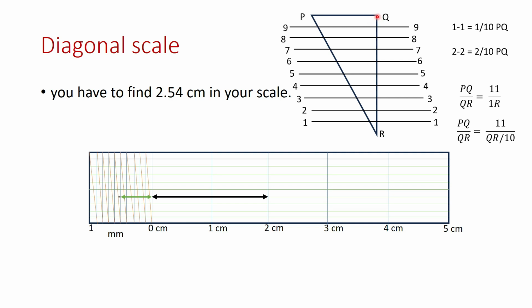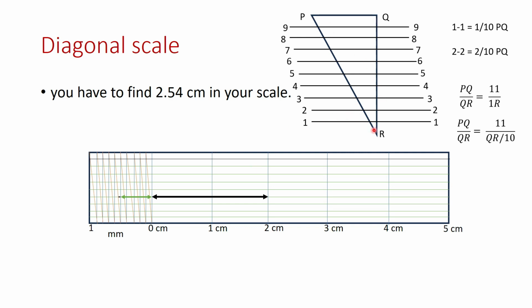Now we are dividing this QR into 10 equal parts. Then this PQ, 9Q, 8 will be proportionally equal like this. 1 will be 1/10 of PQ, 2 will be 2/10 of PQ, 3 will be 3/10 of PQ.